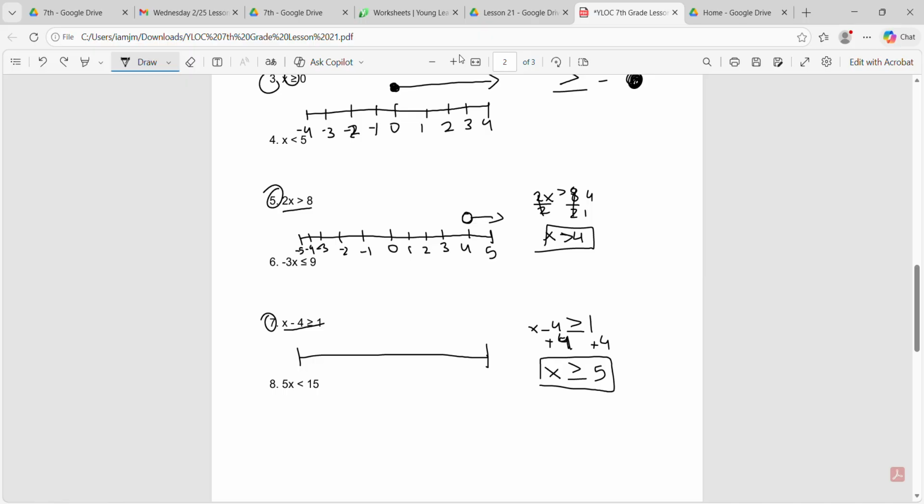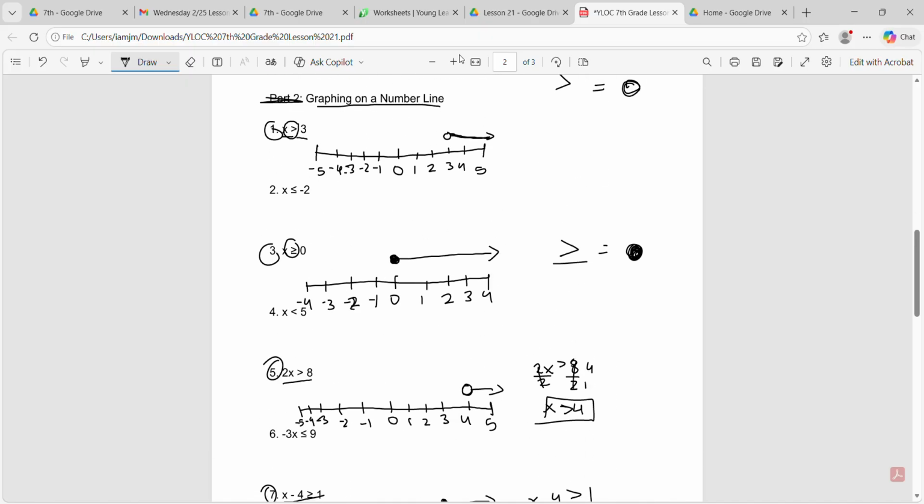Negative 3, negative 2, negative 1, 0, 1, 2, 3, 4, 5, 6, 7. X is greater than or equal to 5. So an enclosed circle, greater than or equal to. So this way, it stretches out to the right. Nice job. We're done with part 2.